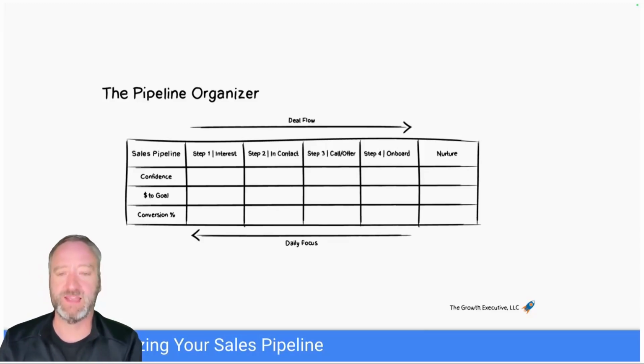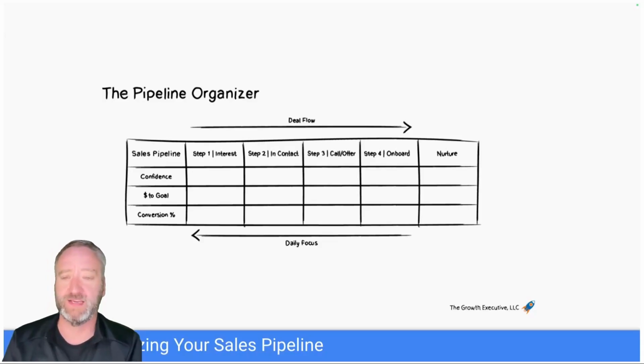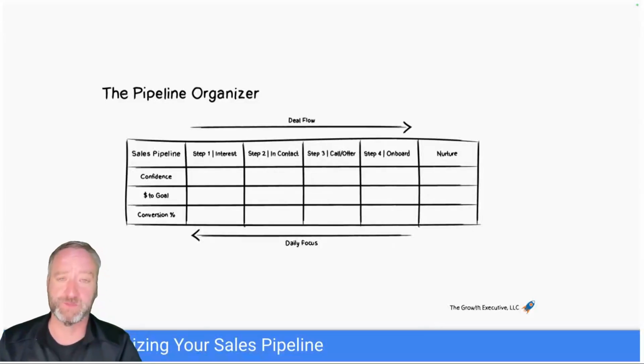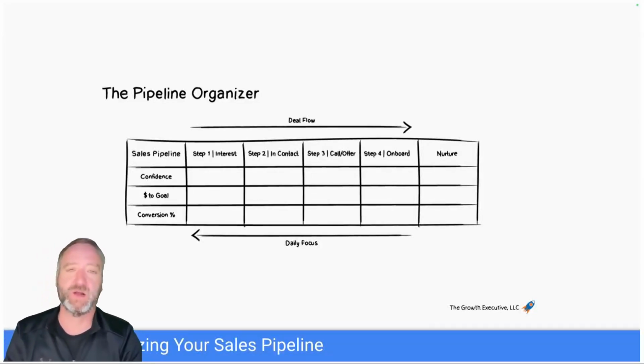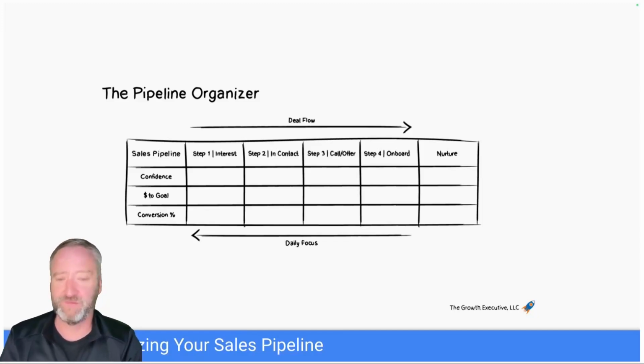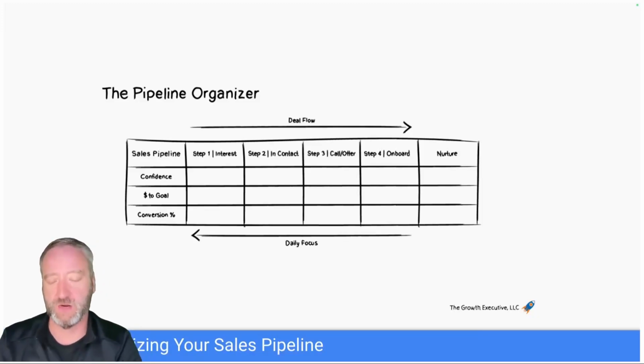So again, when you're looking at the organization as the CEO, you're going to go from left to right, and your optimization of that funnel is going to inform how quickly things start to pop into the sales pipeline. Now, as a sales guy and in my sales coaching, I coach to start my day from right to left. Okay, so as a CEO, we're going left to right. As a sales guy, we're going right to left.